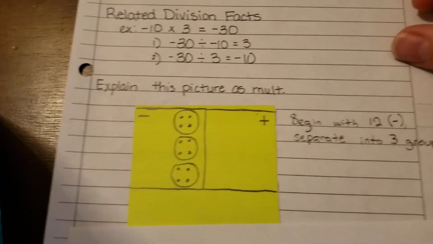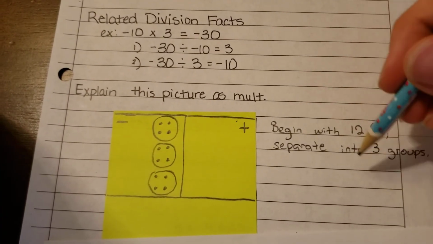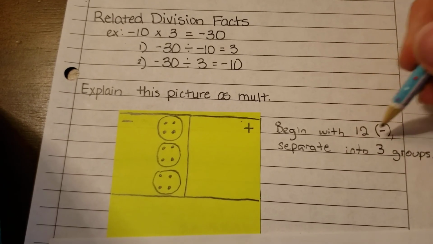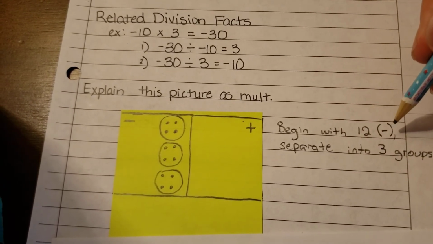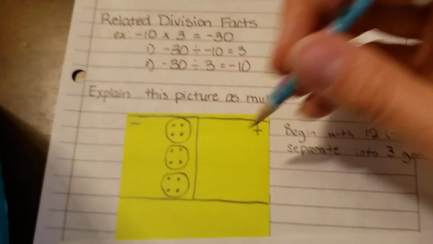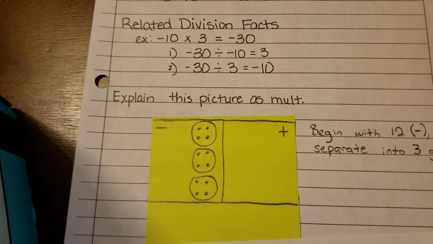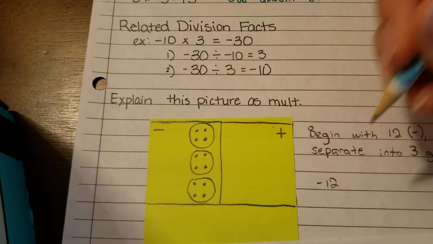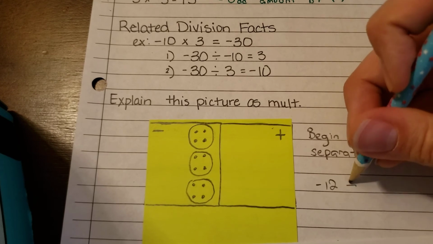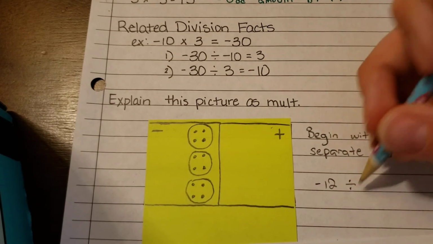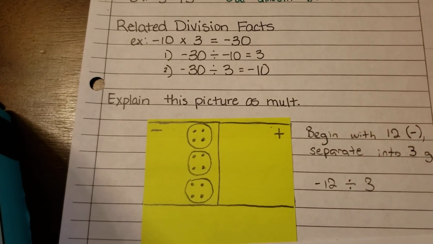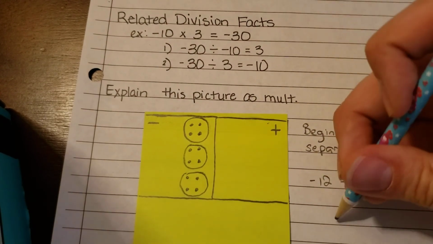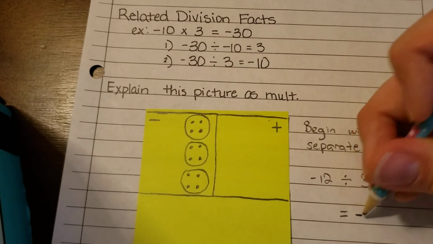Well, my groups are positive, whereas my digits are negative. So I only have 1 negative in this operation. So I'm separating, begin with 12 negatives. We call that negative 12. And I'm separating, separate is to divide, into 3 groups. Well, I have 1 negative involved, so I know it's going to equal a negative number.